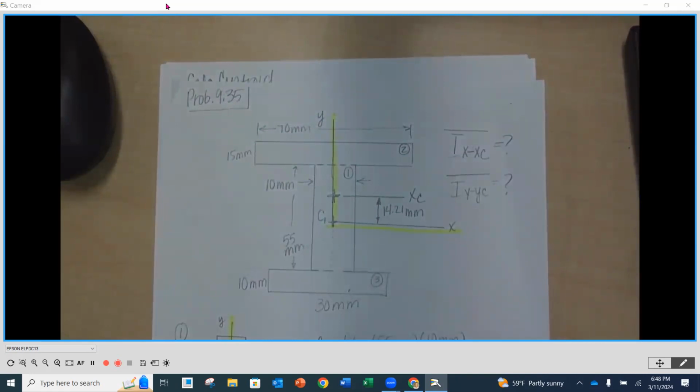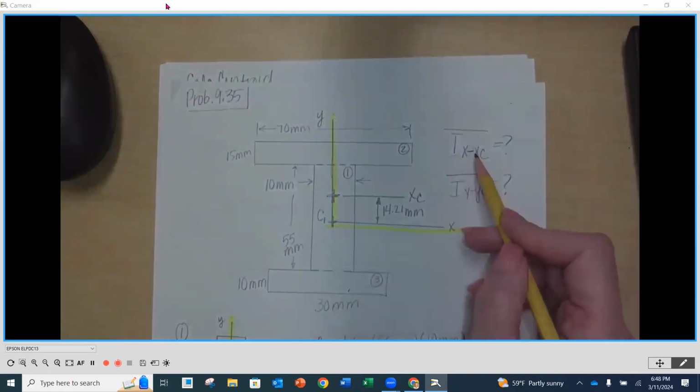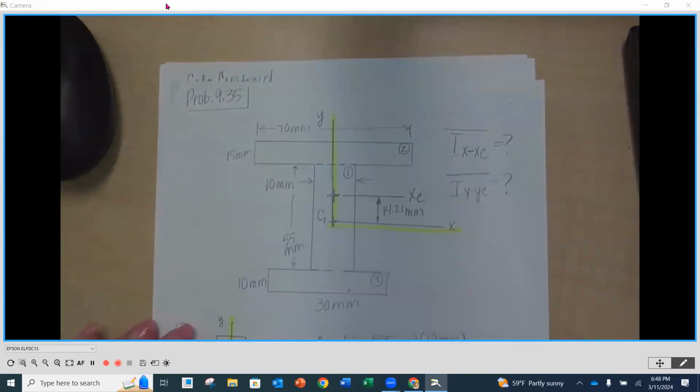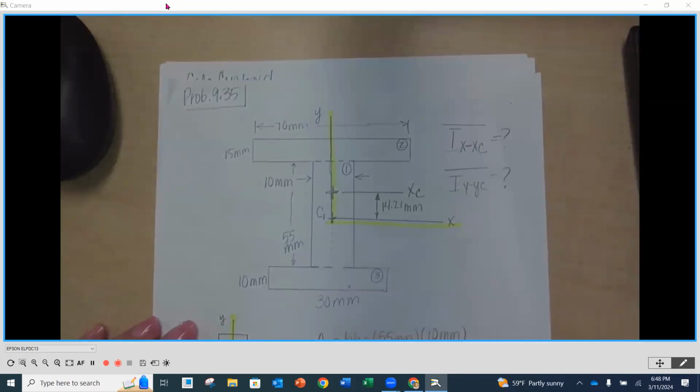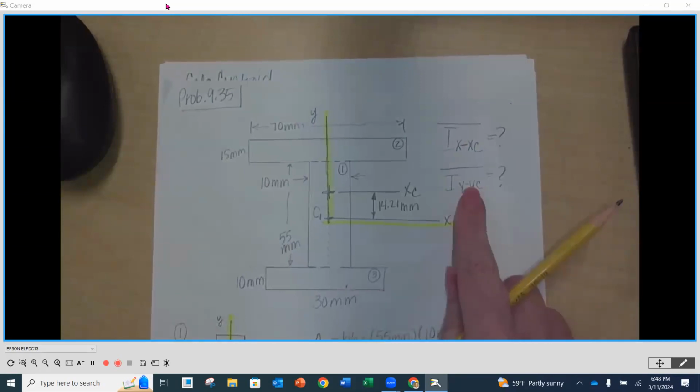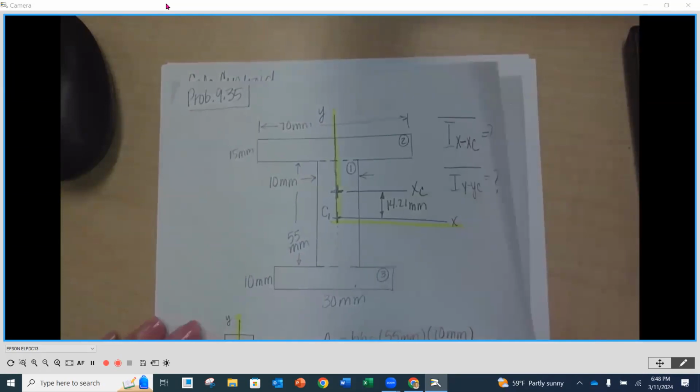Okay, now that was just finding our centroidal axis. So now we can do the work of our moment of inertia. Now, not to worry. This isn't as bad as we think. It's not like we have to go back and do everything over because we've already gotten much of the information that we need to do the total moment of inertia equation. So let's write those out first so we can see where we're at.